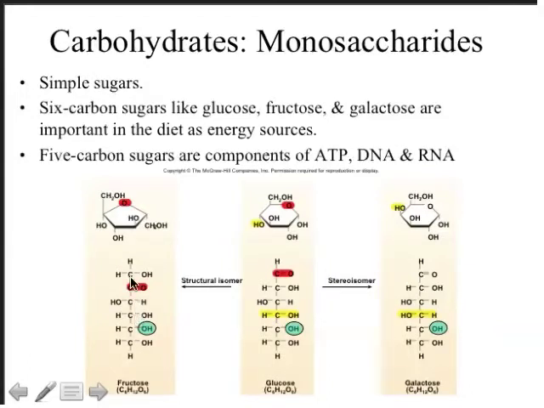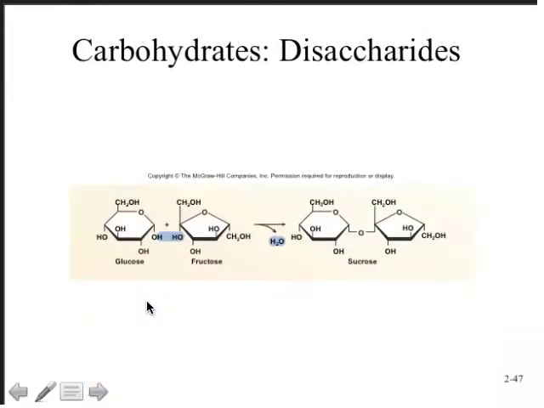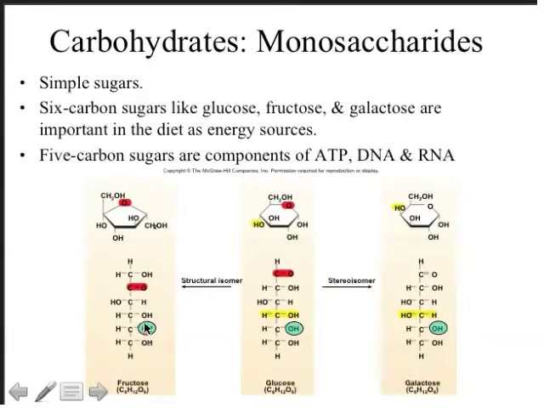And what happens when we go from the straight chain form to the ring form of the monosaccharide is that the hydroxyl group attacks this carbonyl group, and this is what forms, in the case of fructose, this 5-carbon ring, which has 1 oxygen with the rest of the positions being occupied by carbon.